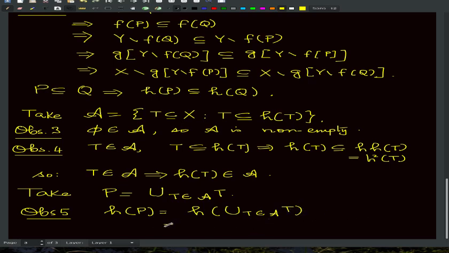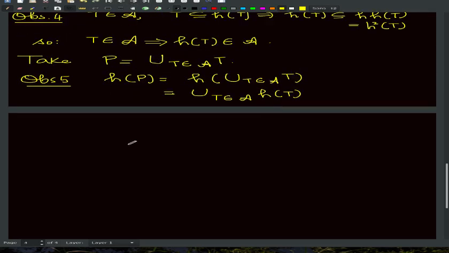But this is where it's a property of the image and unions: the image distributes over the union. So this is this. And then you know that this is h(T).